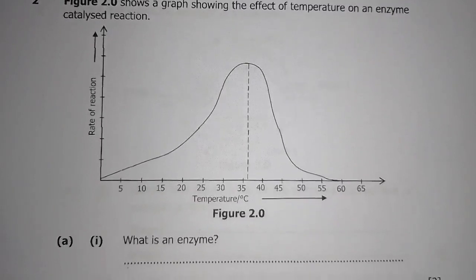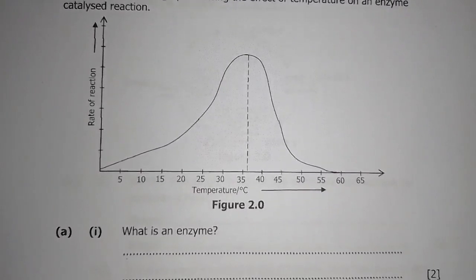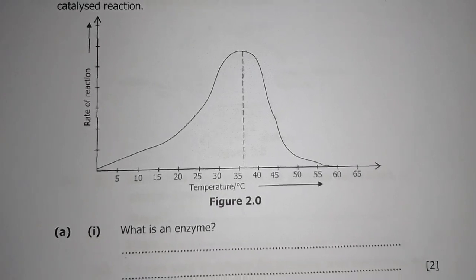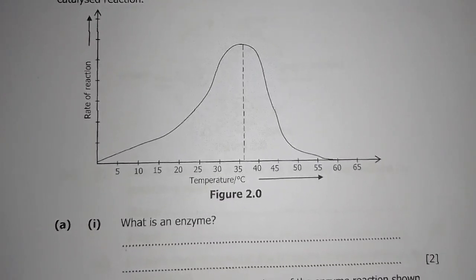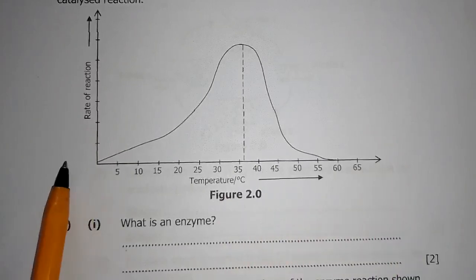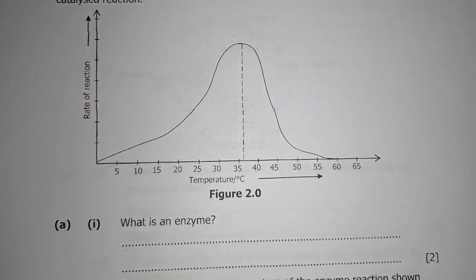So we go straight to the question. Question A1. It is saying, what is an enzyme? I believe we all know what an enzyme is. Everyone is able to give the definition of an enzyme. So if you are told in an exam to define what an enzyme is, I believe we are able to do that. This is temperature showing there. So the first question is saying, what is an enzyme?